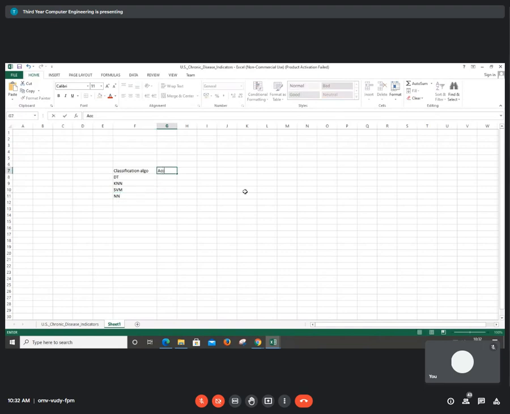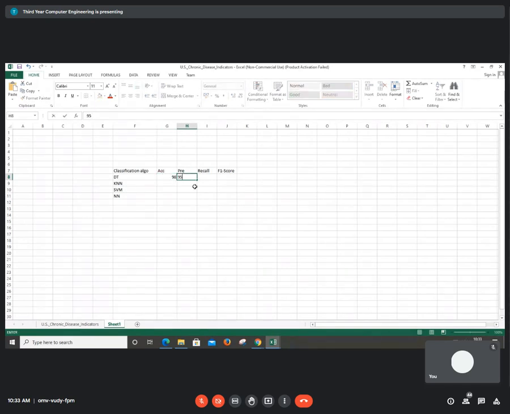Every algorithm has a certain accuracy. So there will be accuracy, precision, and recall ratio. These are the terms that we need to calculate. You will understand later what these terms are. Don't concentrate on the terms. Just what I want to say is the importance of this.